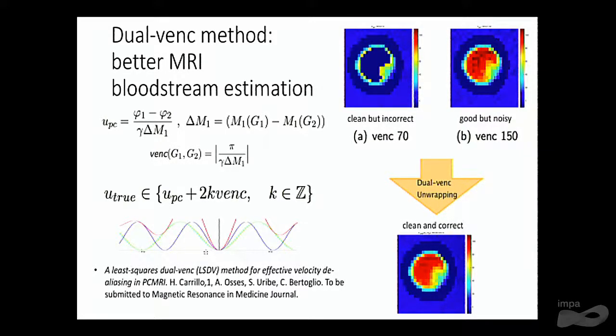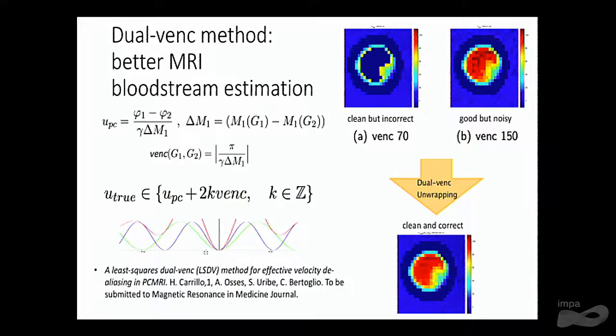So in fact, what we did was simply to consider more measurements, sum up these two measurements and have just one global minimum and not a lot of local minima. It was really simple, but we could improve the technique of recovering velocity.